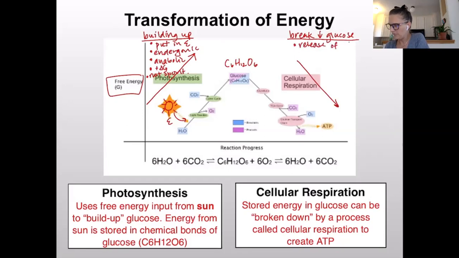We see that here in the form of ATP, so energy is coming out. This is going to be considered an exergonic reaction because we're getting energy out. It's considered catabolic, break the cat, and this is going to be a negative delta G, and therefore it would be considered a spontaneous reaction.